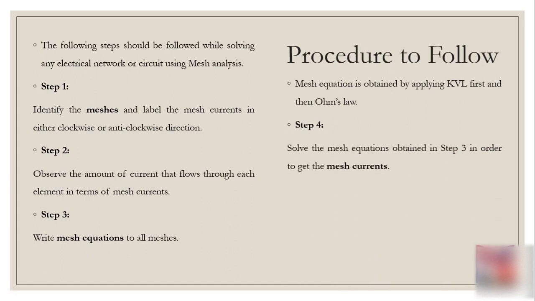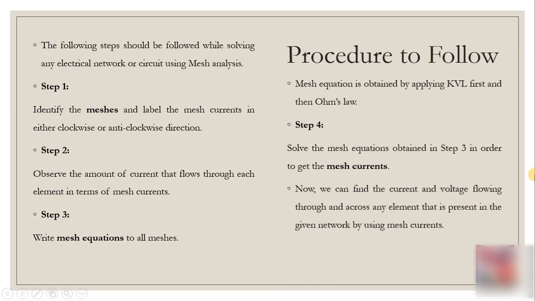Step 4 is solving the mesh equations obtained in step 3 for getting the mesh currents. When you get the mesh equations, then you have to interpret those equations. You have to find the values of all currents existing within these meshes.